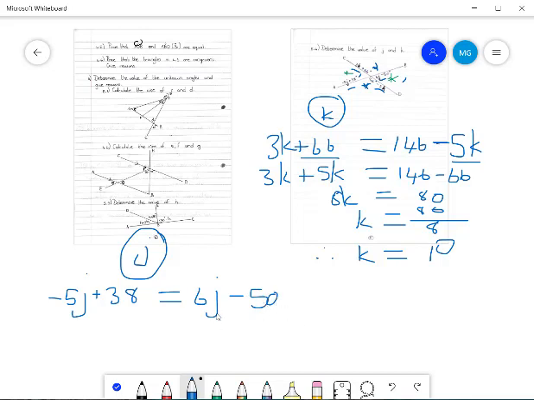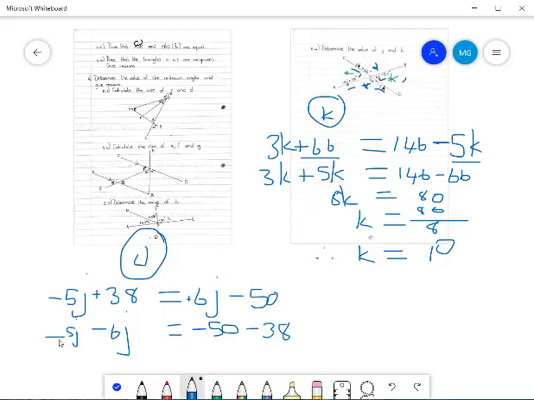So again, I want to get all my j's on the left side and all my whole numbers on the right side. So I'm just going to take it over again like I did just now. So this is a plus on this side, so it's going to become a negative on this side. Minus 50 stays there first, and then I take over the 38, which will now become minus 38.